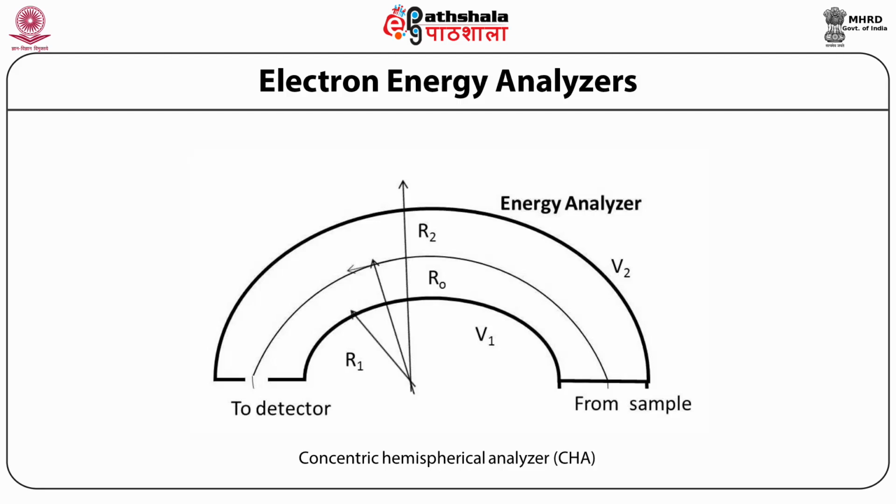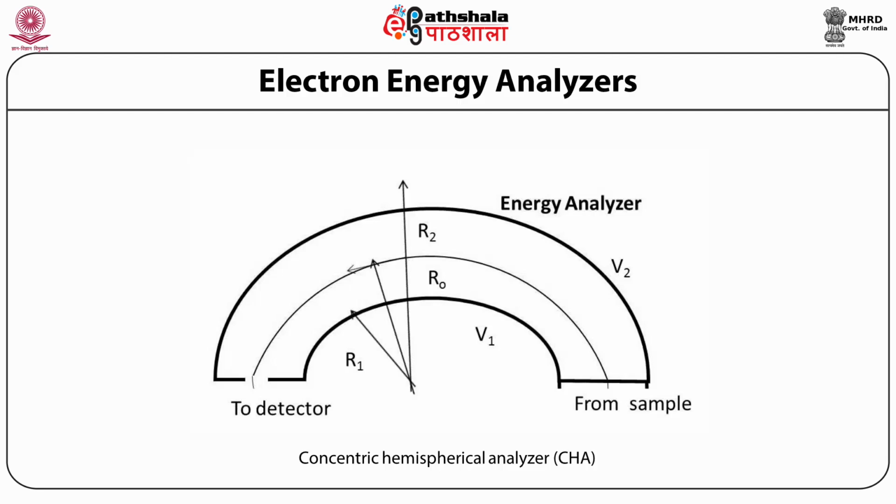Electron energy reduction by electrostatic processing is called electron retardation. The electrons can be analyzed by one of two modes: the constant analyzer energy, or CAE mode, or constant retarding ratio, or CRR mode.